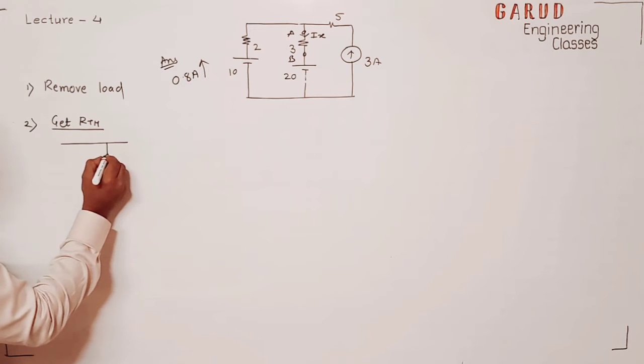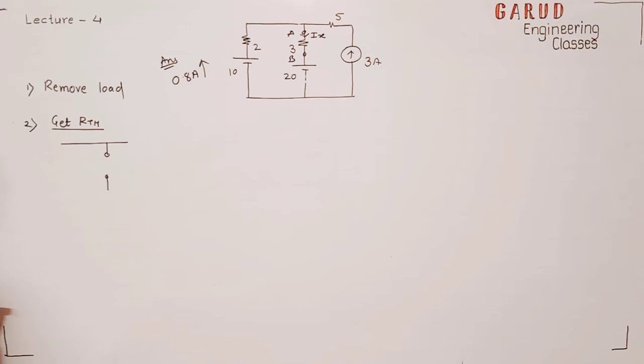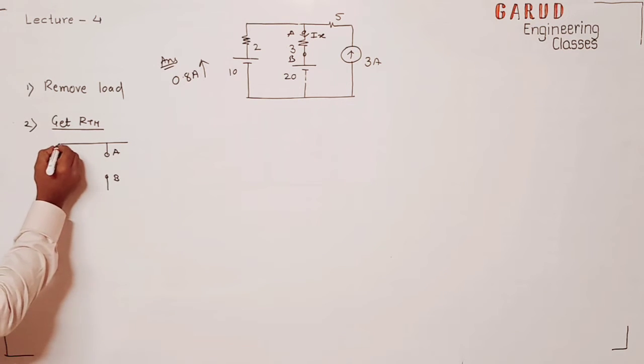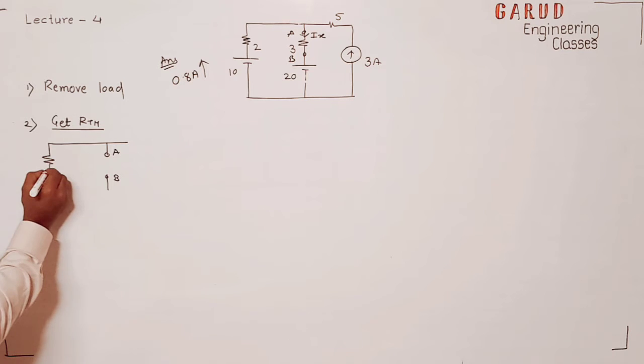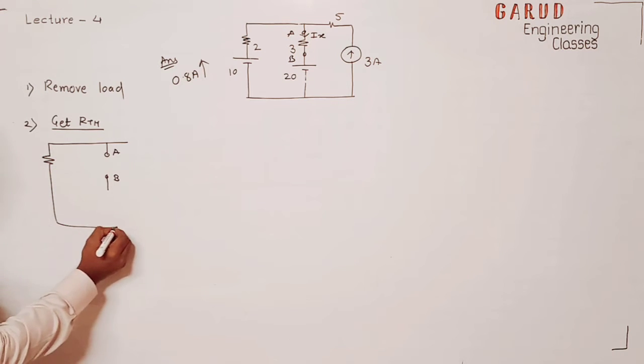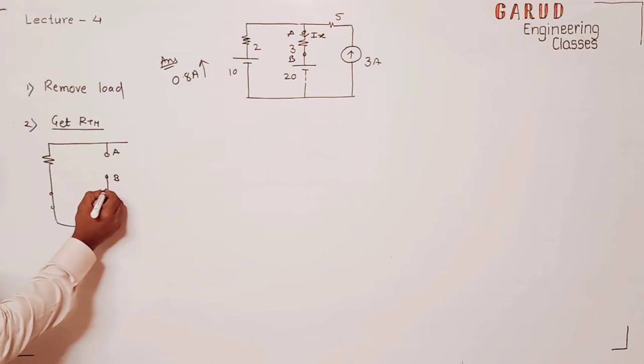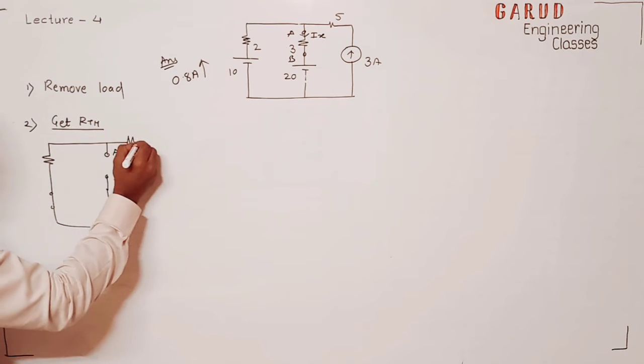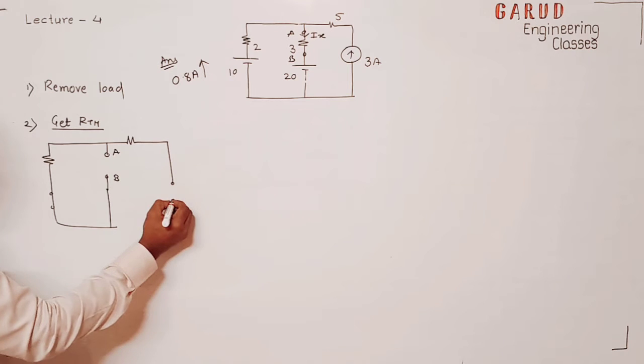So the load is removed. 3 ohm is removed. Okay. So A, B. Here you want RTH. Kill voltage source. Killing voltage source means what? Shorting voltage source. Kill this voltage source means shorting this. Killing current source means what? Opening.